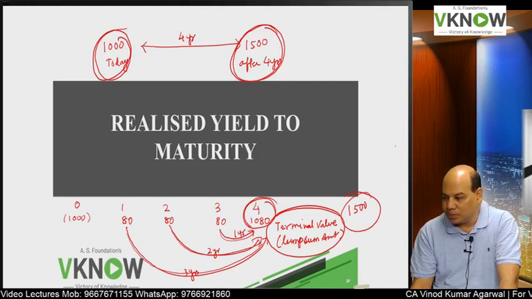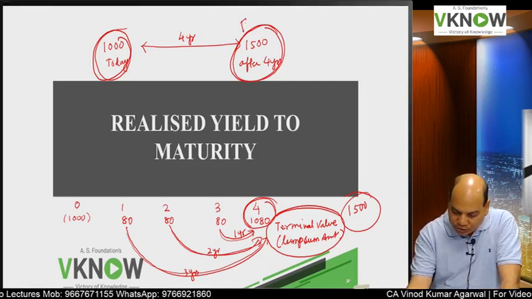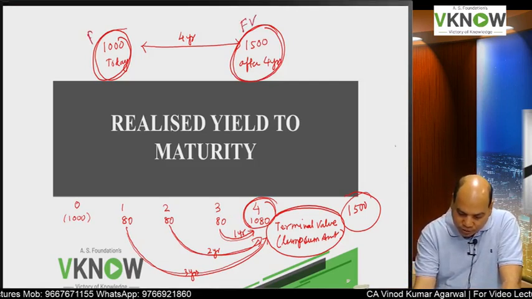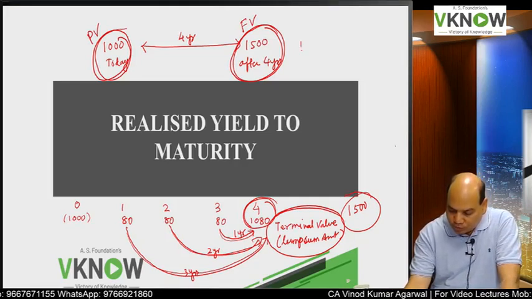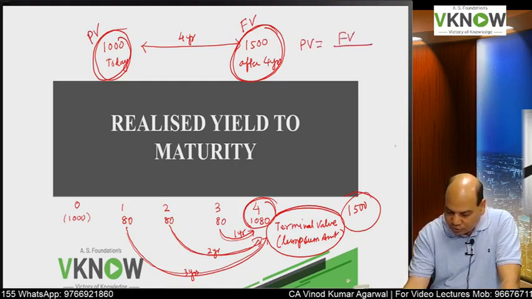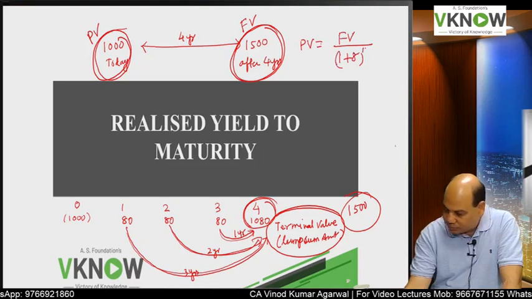This is like future value and this is like present value. All of you know the formula: present value is equal to future value upon 1 plus r to the power n.